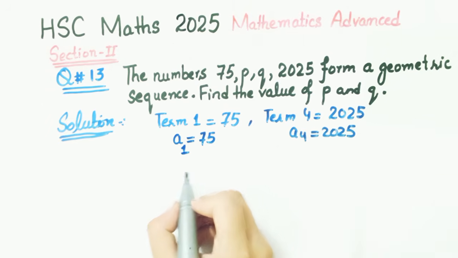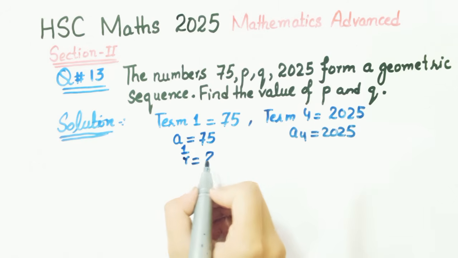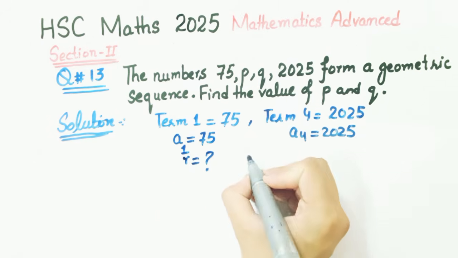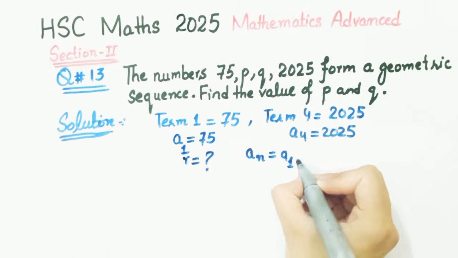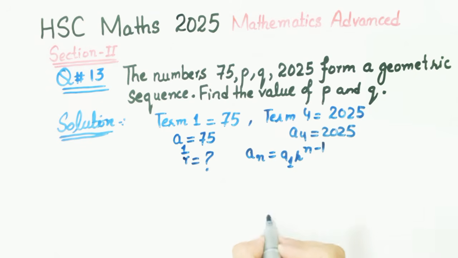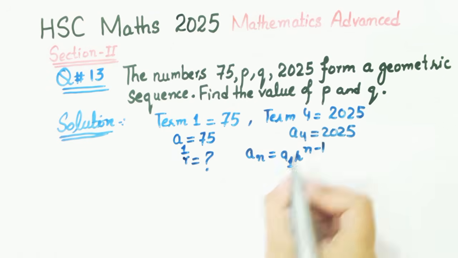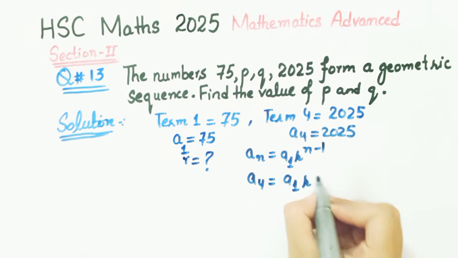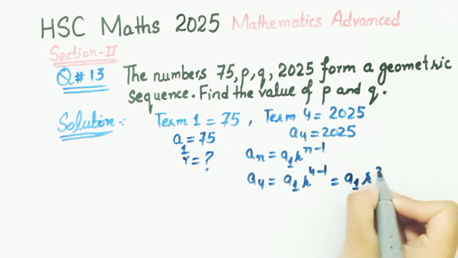Now we don't know the value of R. What is the value of R? Because once you find the value of R, then you can find the second and third term. Now we will write the geometric sequence formula: A of n equals A1 R to the power n minus 1. Here we have the value of A4, so A4 equals A1 R to the power 4 minus 1, that means A1 into R cubed.